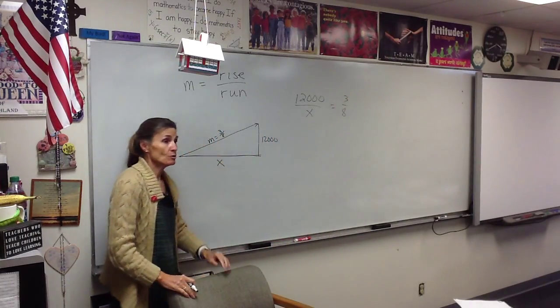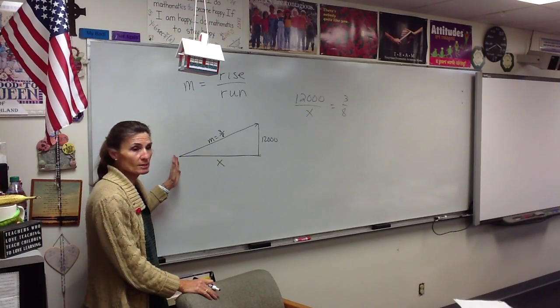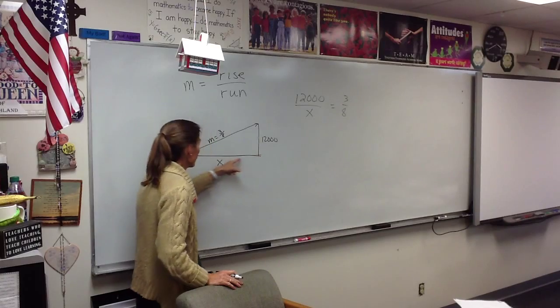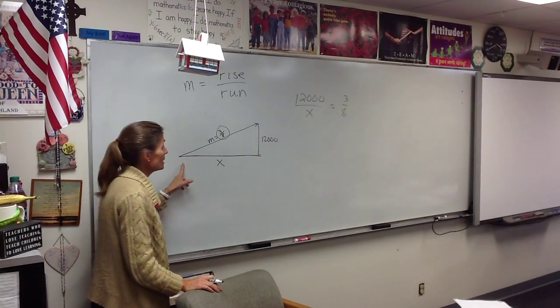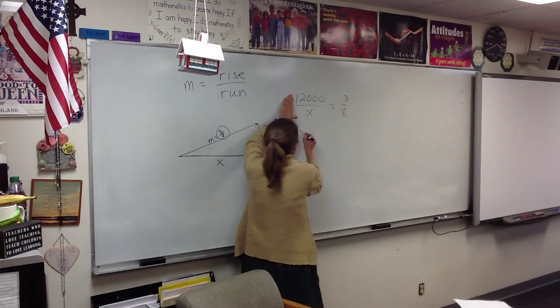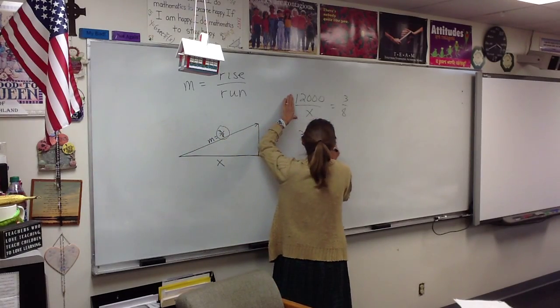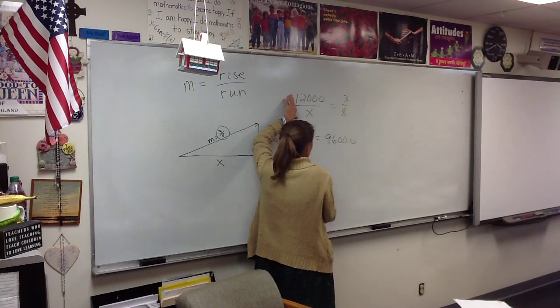So one way to do the problem is to simply set up the slope fractions. Rise over run equals the slope. How do you solve something like this? So 3x equals 96,000.